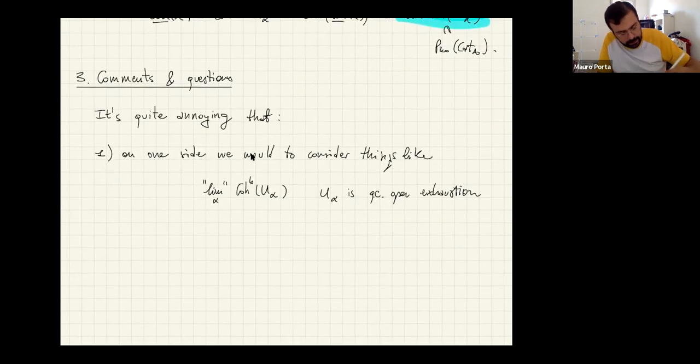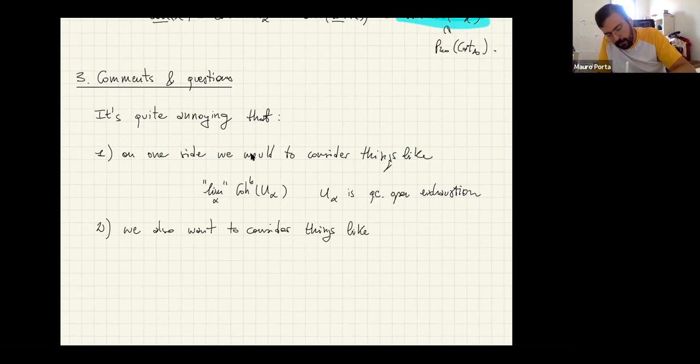But on the other side, we also want to consider things like pro quasi-coherent sheaves on X. And I don't have time to explain this, unfortunately, so I'd just promise it in Cat.